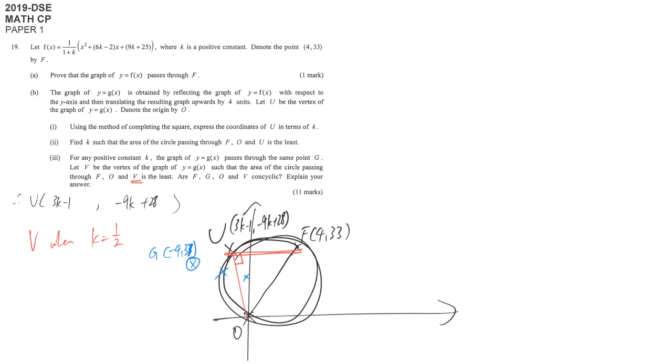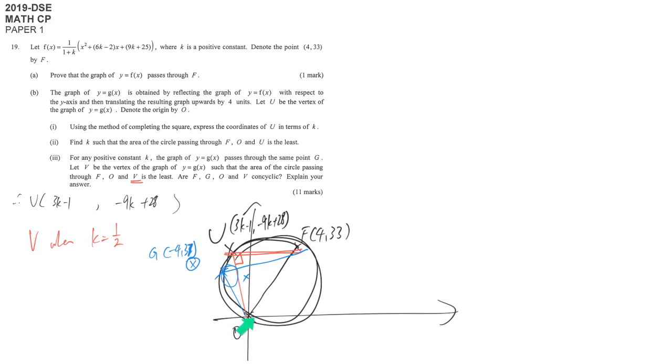There are some approaches you can use to achieve the same target. The first one: if you assume point G is on this circle, then this angle should also be 90 degrees. So by testing whether the slope OG times the slope GF is negative 1 or not, you can make your decision.